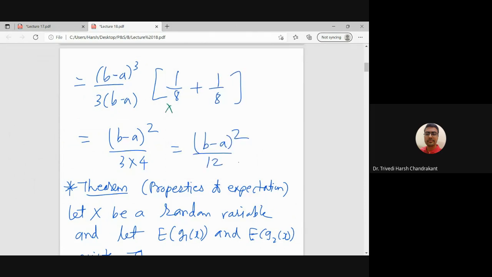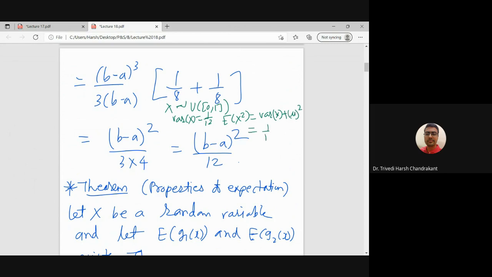So if our random variable is U(0,1), we know that the variance is 1 by 12. So what is the expectation of x square? That is variance plus mean square.